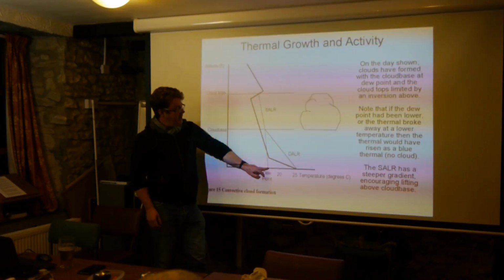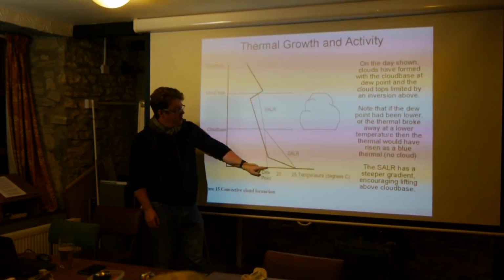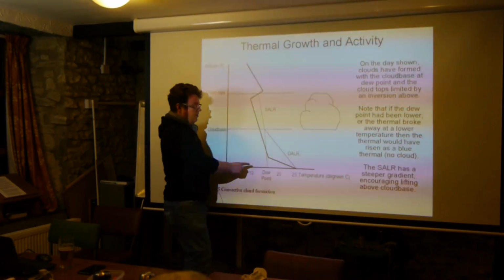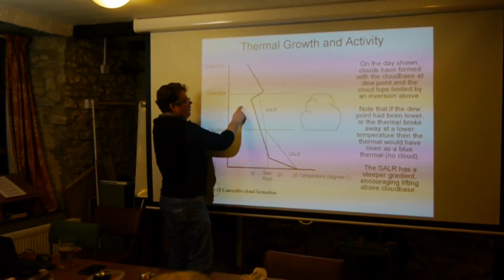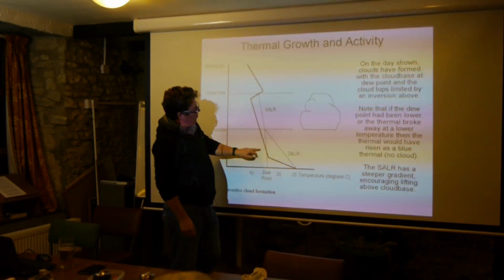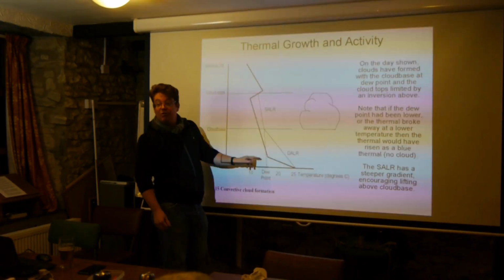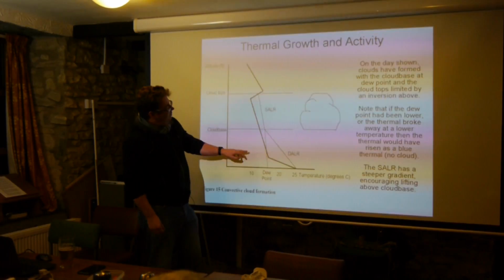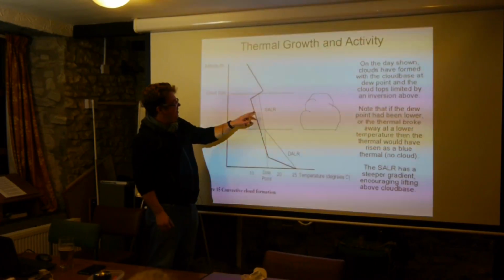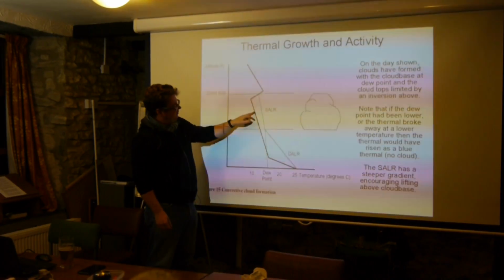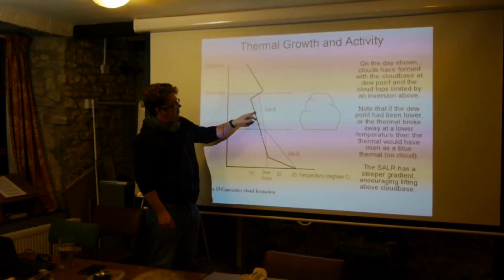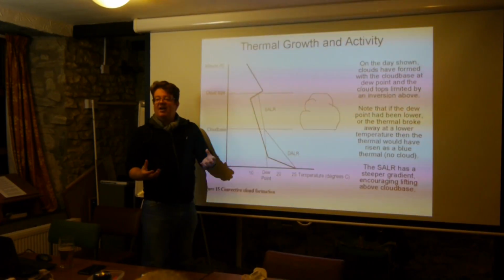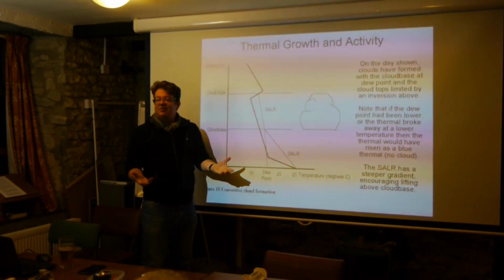On a real tephigram plot rather than an idealised one like this, there is actually a dew point line which goes up, which basically shows the environmental dew point at all different levels in the atmosphere. Now, if the environmental line is over here in terms of temperature, and you're flying in a bit of air that's not cloud, then you're obviously in air that's not at the dew point.